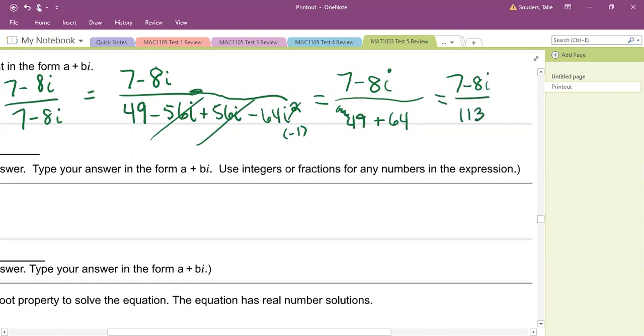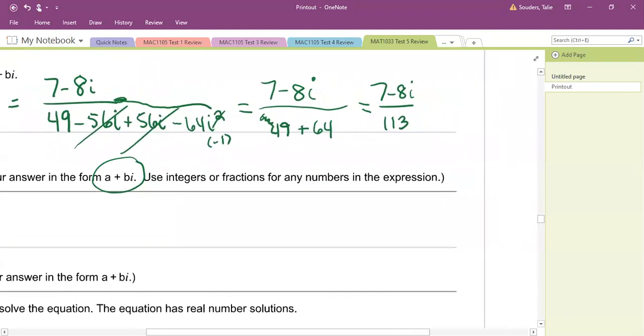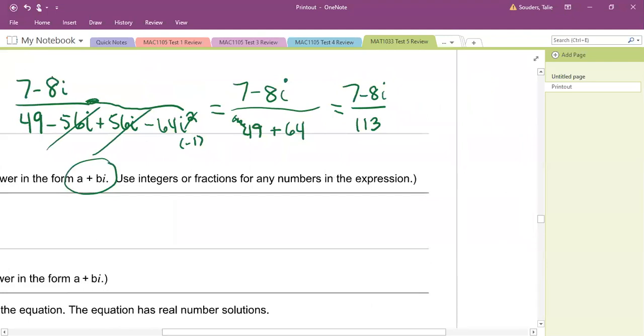Good. Are we done? No. Why not? You have to separate into two fractions. Yes, since they want that final answer in the form a plus bi, it can't all be over c, for example, like it is now. So you have to split it up. a and b are allowed to be fractions. So each term is going to get divided by 113.